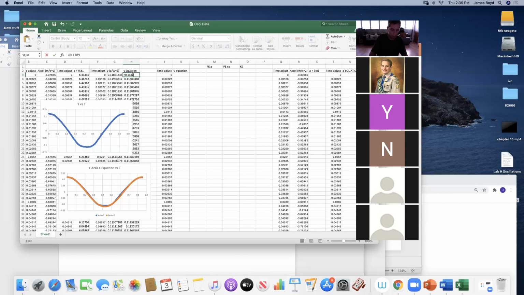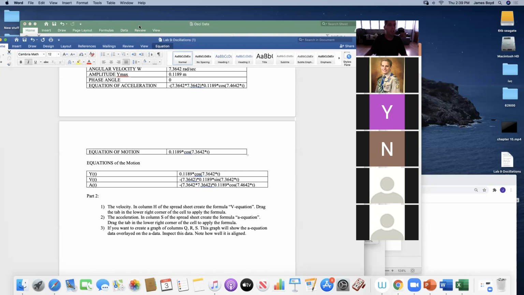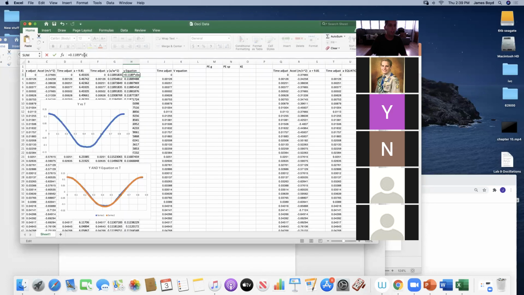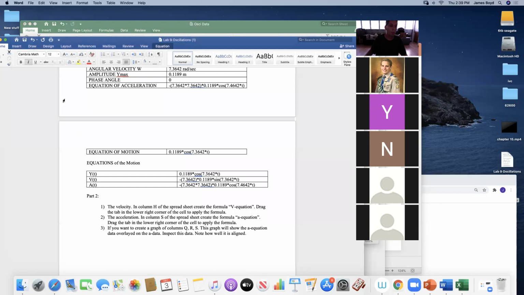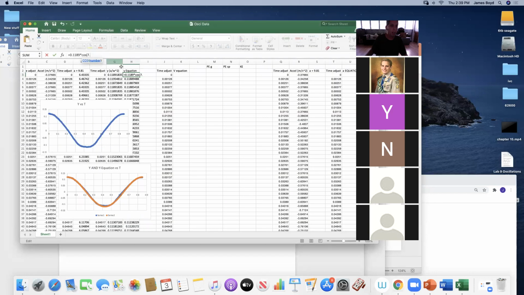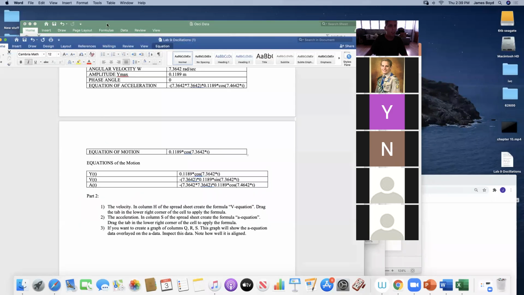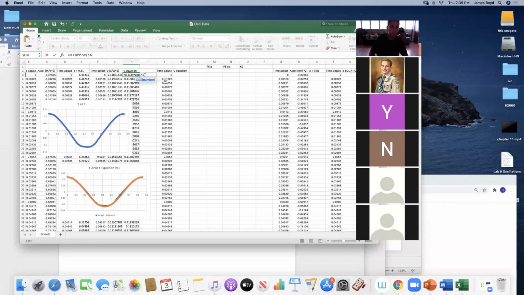0.1189 times cos of 7.3642 times t. Remember when you do this, sorry, my brain is a little fried right now, 7.3642 times the adjusted time.